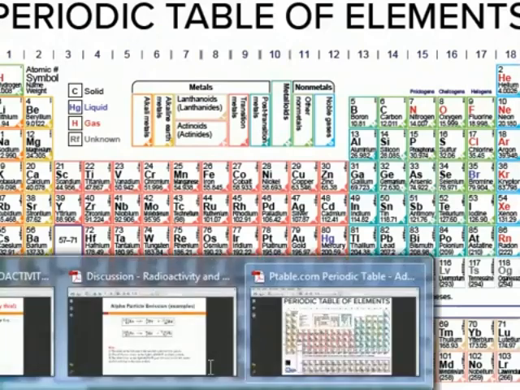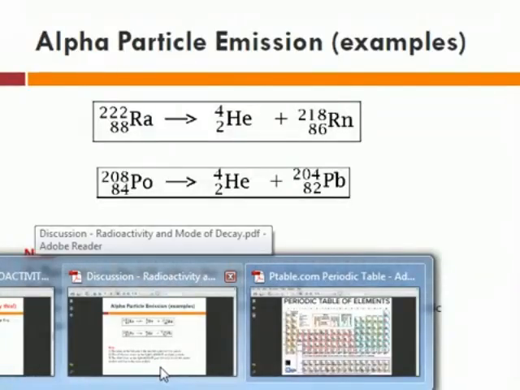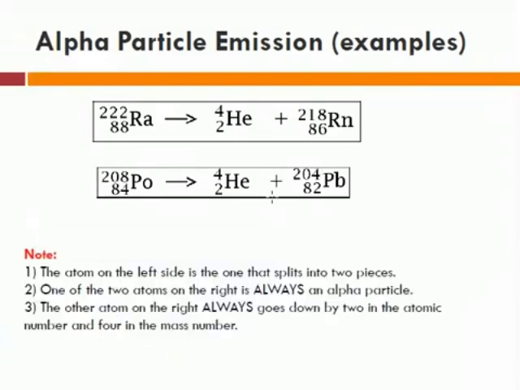So write lead on the product side together with the alpha particle. Okay? So 4 plus 204, so we have 208 for the mass number, so balanced. 84 here for the atomic number; this one is 2 plus 82, so 84 is the total of the atomic numbers in the product side. So that is for the alpha particle emission.